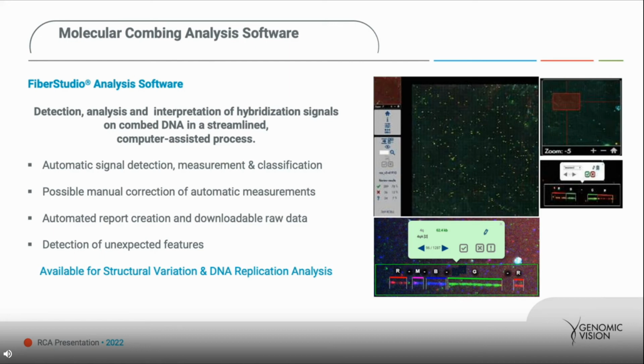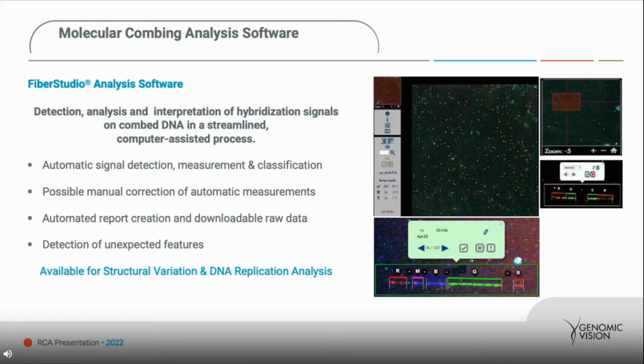There's a possible manual correction of automatic measurements. At the end of the analysis, there's an automated report creation and downloadable raw data. The sensitivity of the software is so high that it enables the detection of unexpected features, and it's available for structural variation and DNA replication analysis.